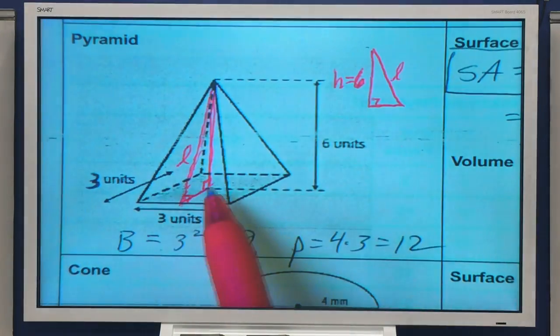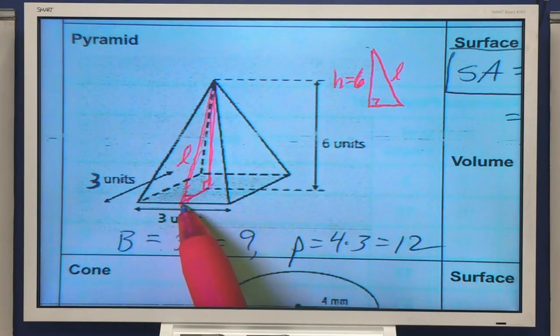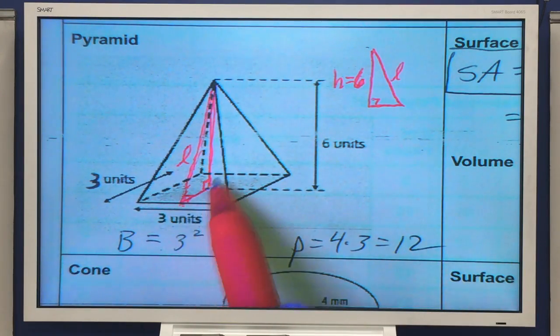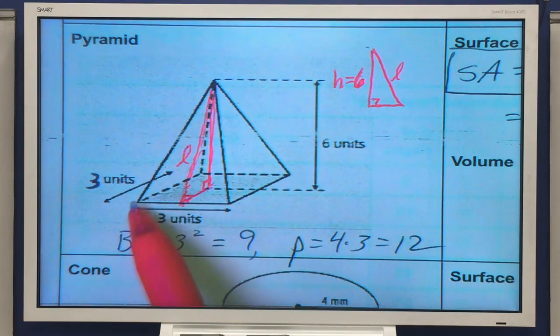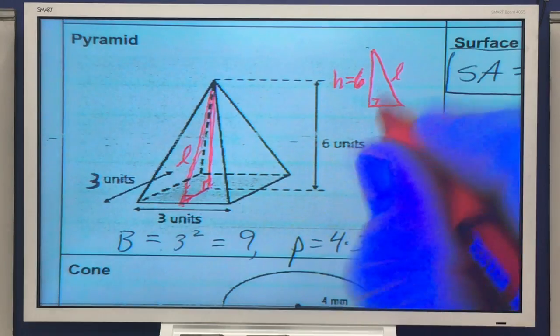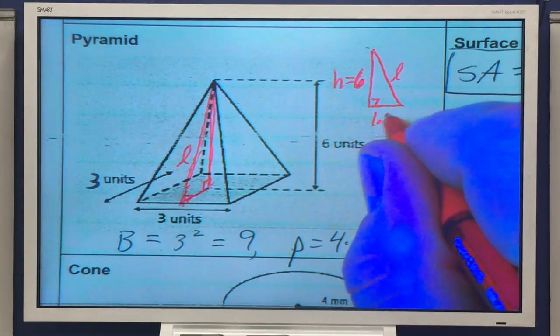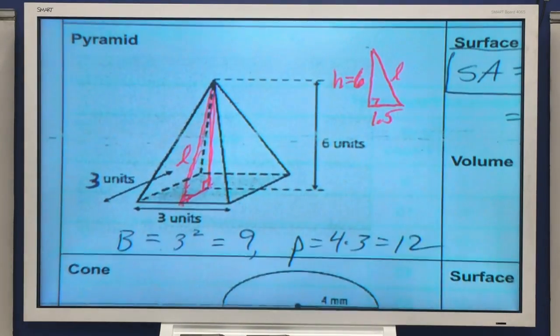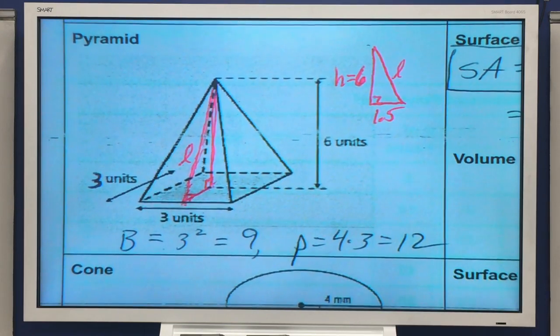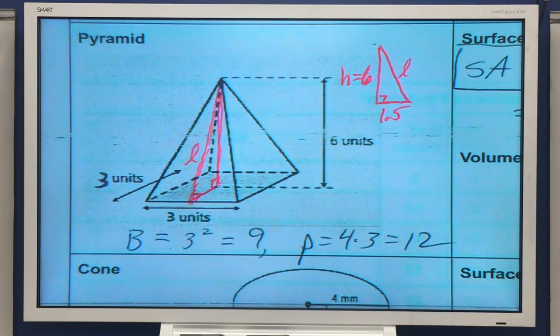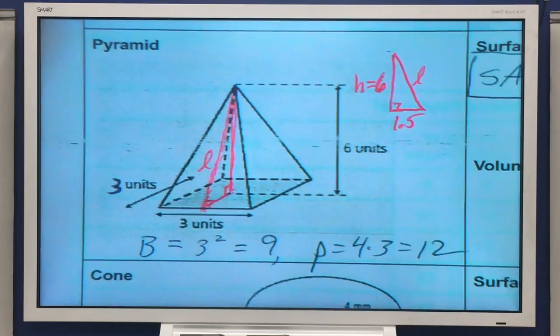Now, what I did is I went down to the center of this base and I went over to the edge, and that must be half of what the whole side is. So the whole side is 3, half of that is 1.5. And you can see where I'm heading with this. I have to do a quick Pythagorean theorem problem to figure out what the slant height is.